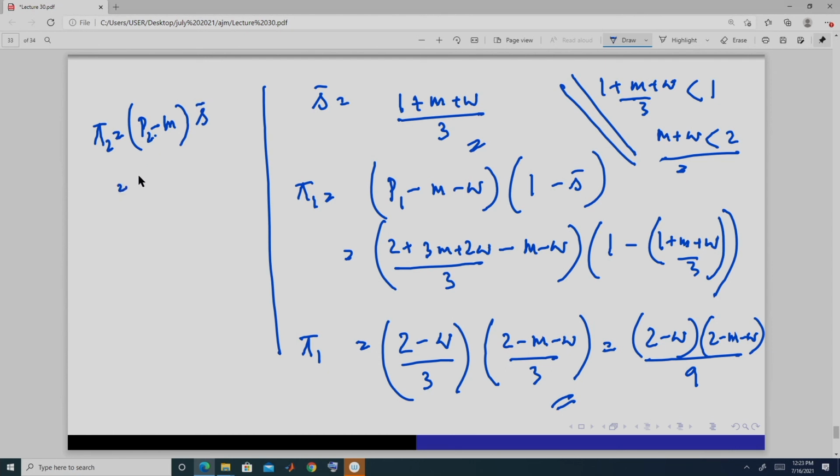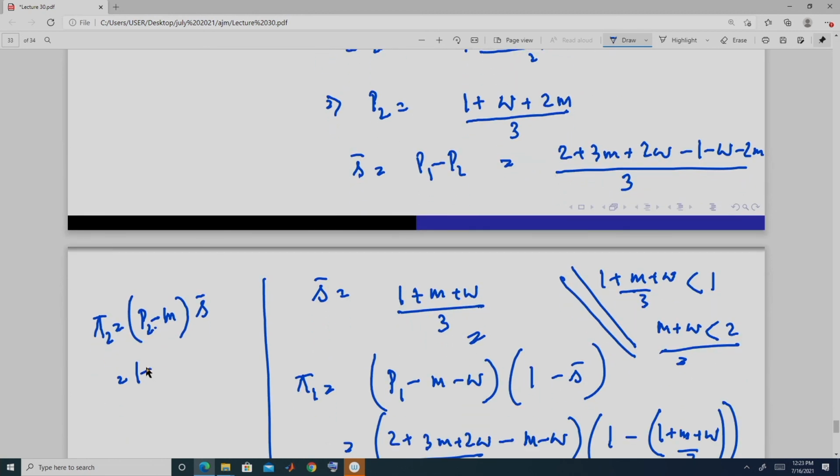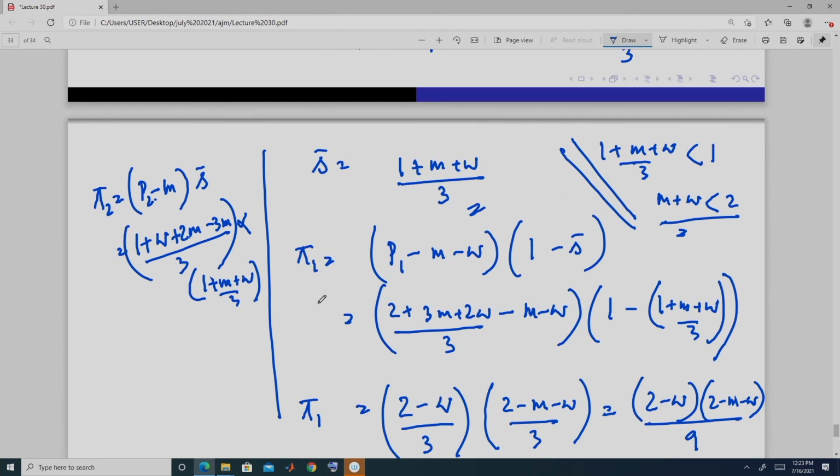P2 is this, 1 plus w plus 2m minus 3m, into this. So, this is (1 plus w minus m)(1 plus m minus w) divided by 9.